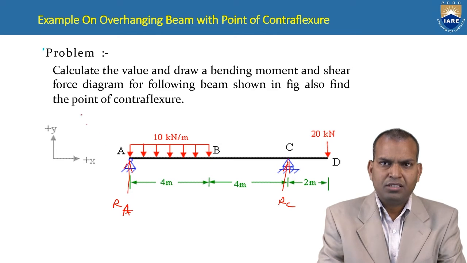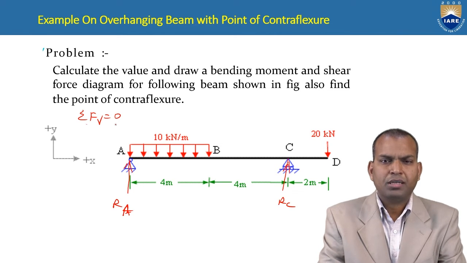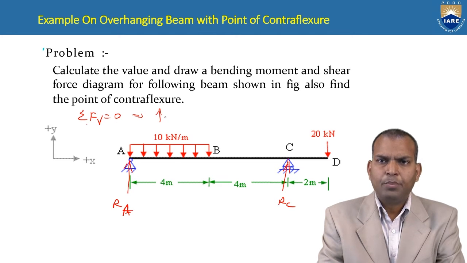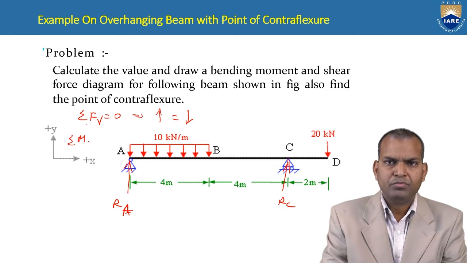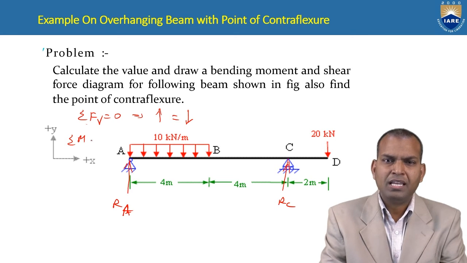We are going to calculate these two reactions with the help of sigma FV equal to 0, that is, the algebraic sum of all vertical forces equal to 0. That means upward forces equal downward forces. And the other condition is that the algebraic sum of moments about any arbitrary point equals 0.